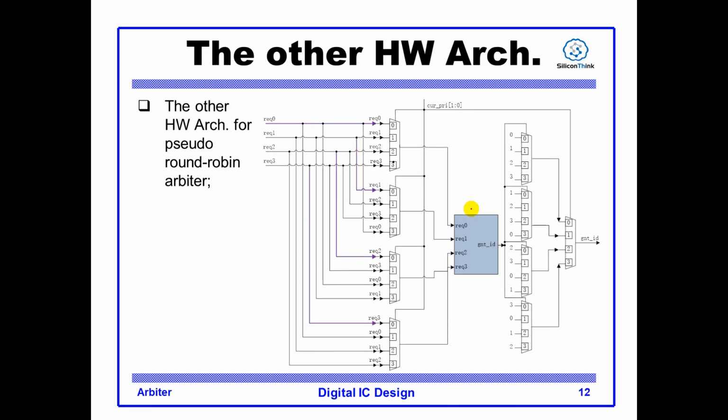So how did he make it? He just uses one fixed priority arbiter, then at the collection point, he uses 4 muxes to select the right input request for each priority setting. That means we have 4 priority settings.